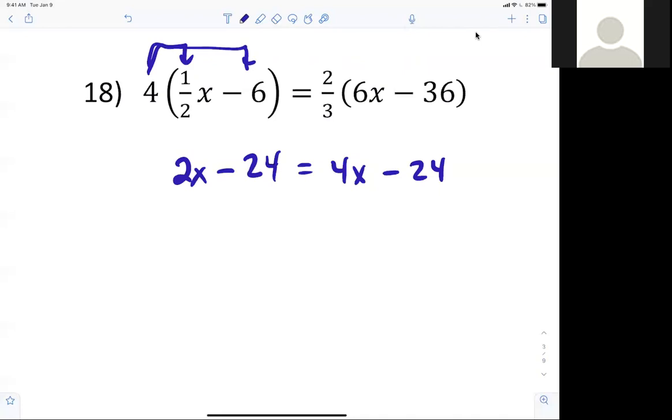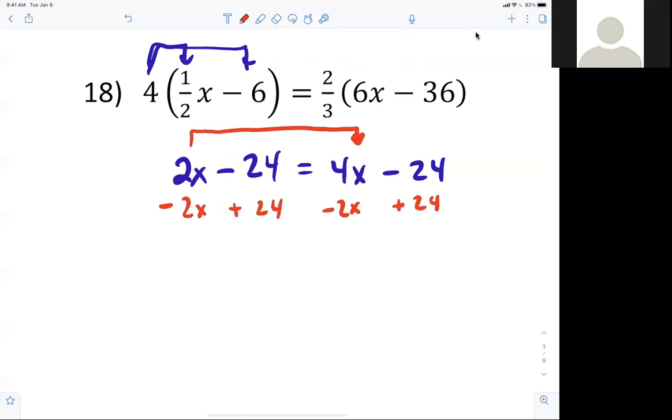Okay, now for me, I'm just making sure everybody's hearing me. I like to keep the variable positive, so that means I'm moving the 2x over here because I want 4x minus 2x to be what? Positive. So I'm going to put a minus 2x, plus 24, plus 24.